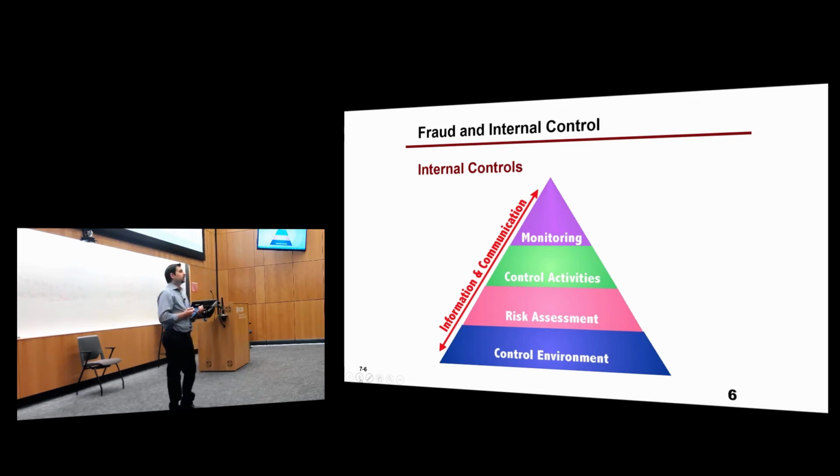Risk assessment is a very important step. Risk assessment actually evaluates different business processes and the risks associated with different business operations and business processes. Okay? So you have risk assessment.